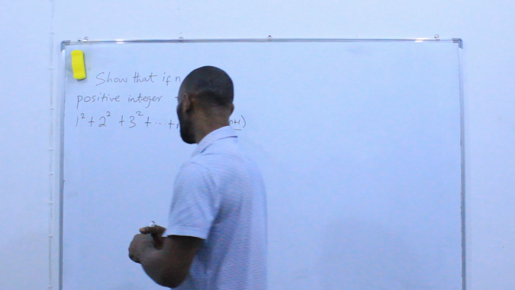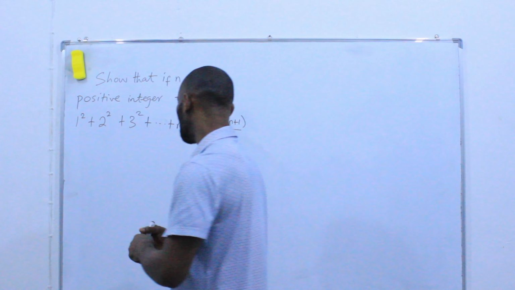When n is equal to k, we have the partial sum Sk is equal to 1 squared plus 2 squared plus dot dot dot plus k squared. That's what it gives us here. Now the formula will give us k bracket k plus 1 bracket 2k plus 1 all over 6.